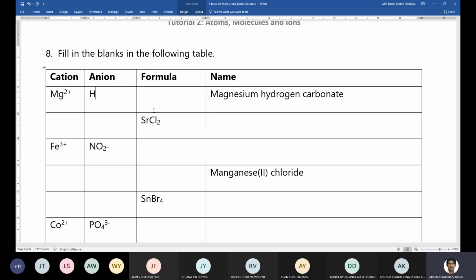Hydrogen carbonate has hydrogen and carbonate together, so HCO3 with -1. Carbonate is actually -2, but since hydrogen is attached, it reduces to -1.